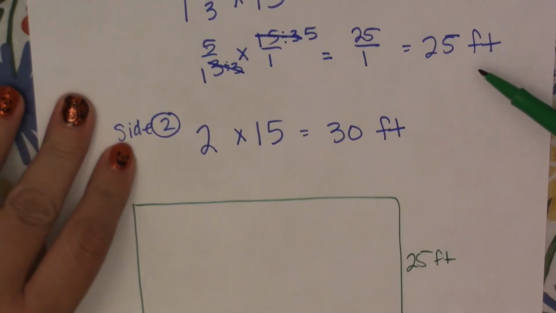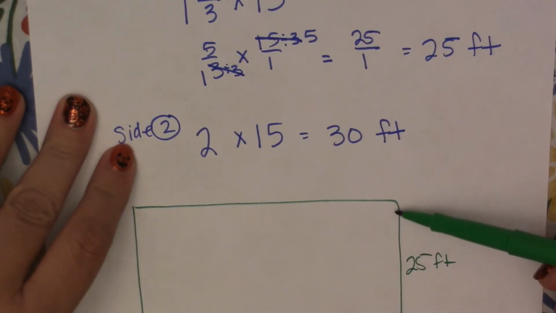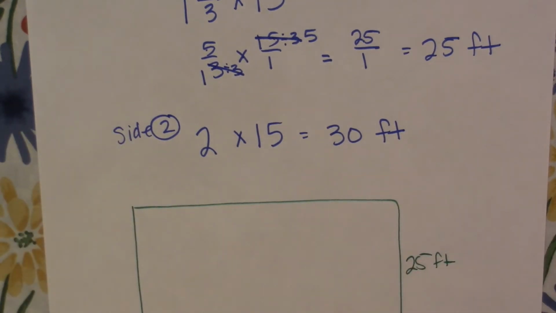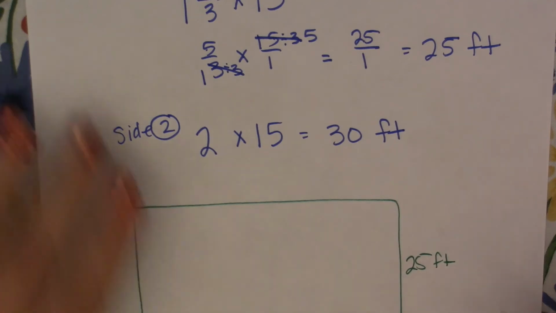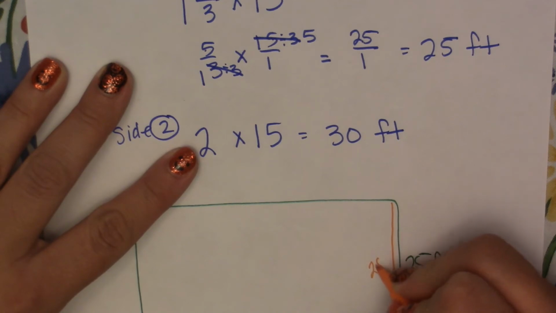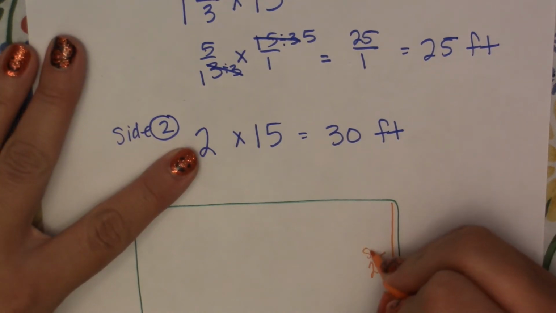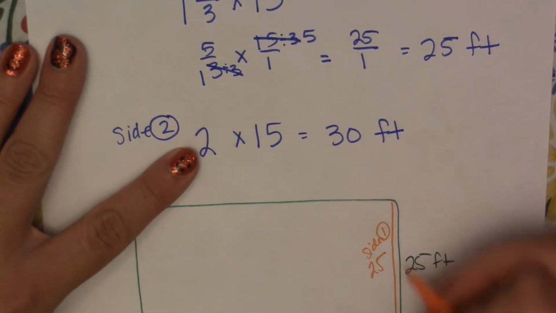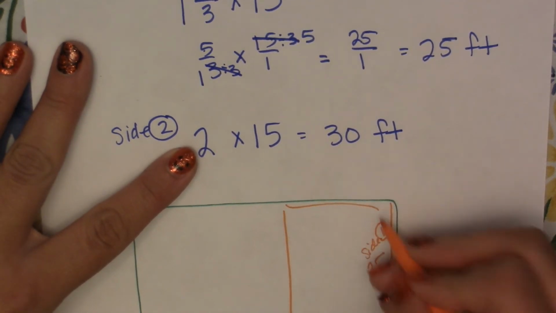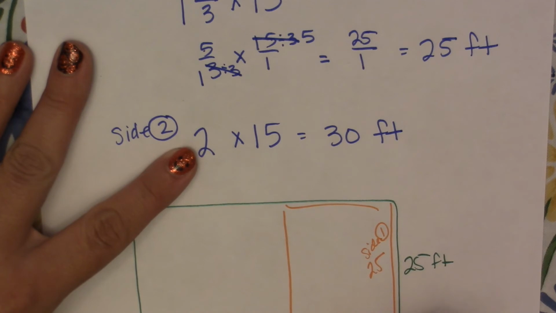Well, we do have a side that is 25 feet, so we could put that 25 feet here. Let's use a different color. Let's use orange for our basketball court. So this could be the 25 feet for side 1, and then we could go out here 30 feet for side 2.